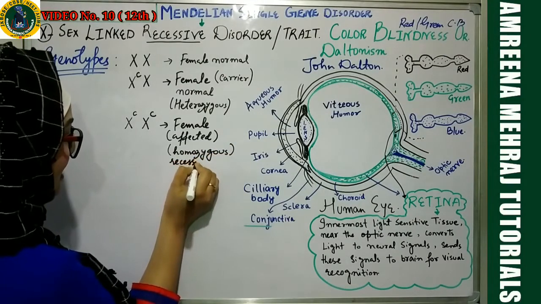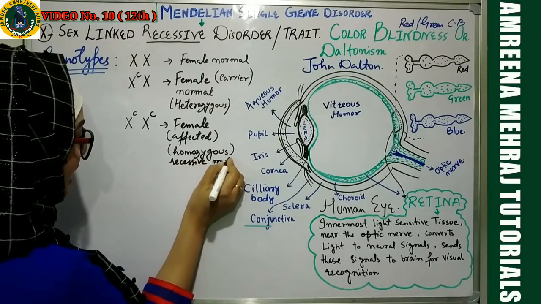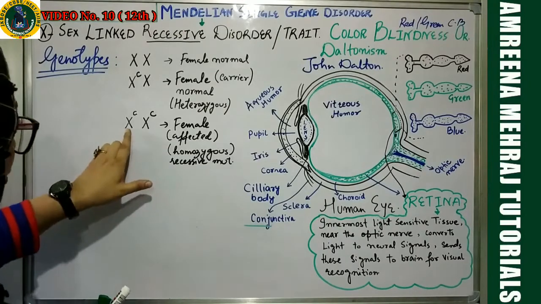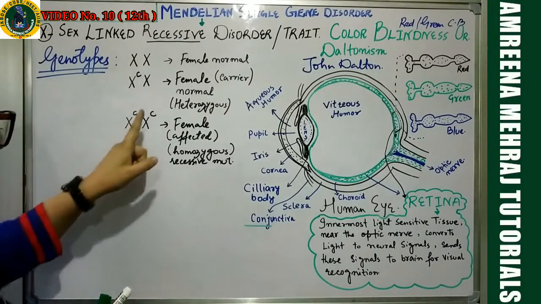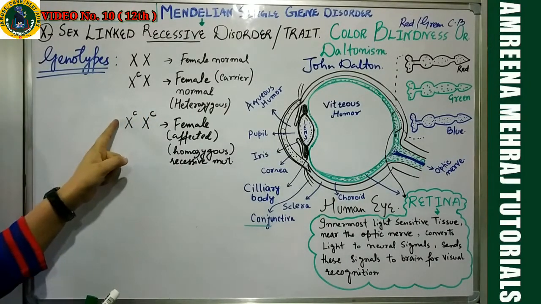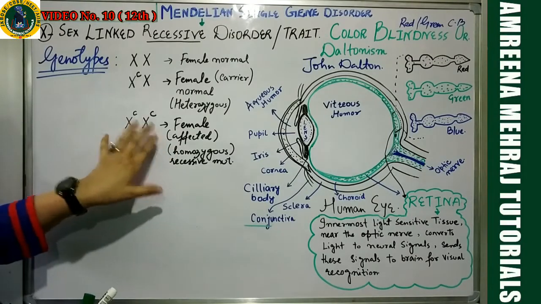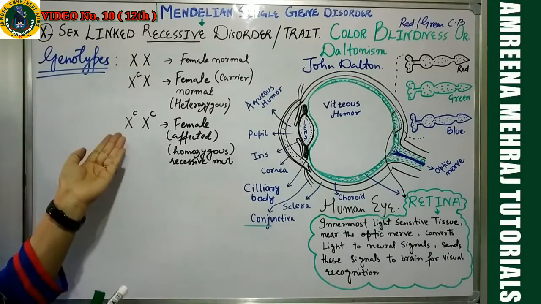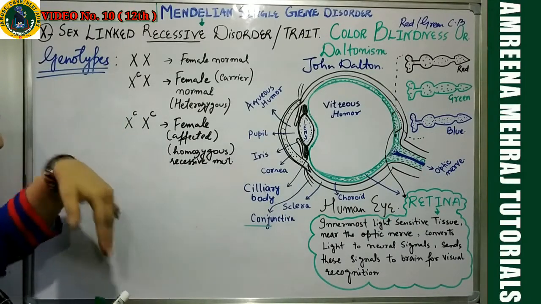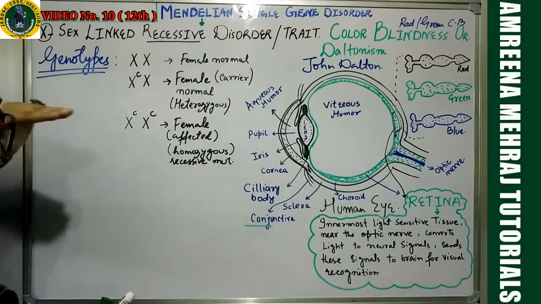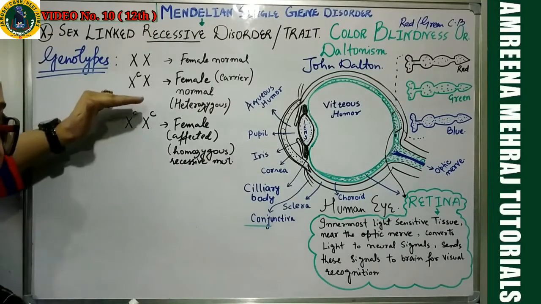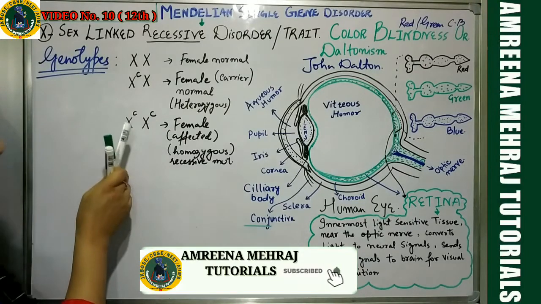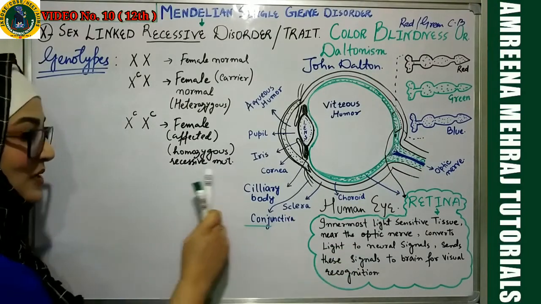Both of her chromosomes have this recessive mutation. The mutation itself is recessive, but she will now be able to express the trait. She will be colorblind. She will not be able to produce the cone pigments because both her alleles have this recessive type of mutation. So a female will be affected only when the condition is homozygous recessive.